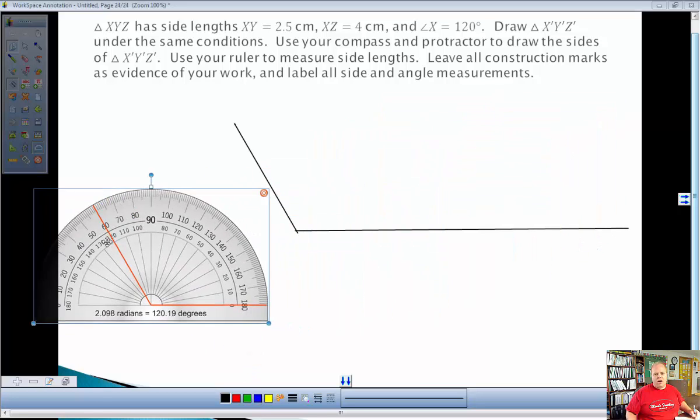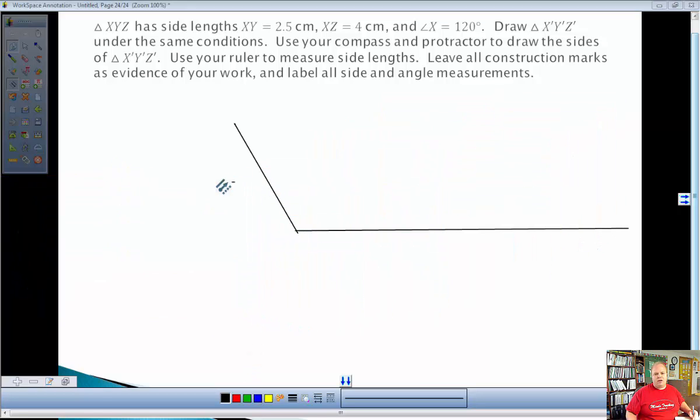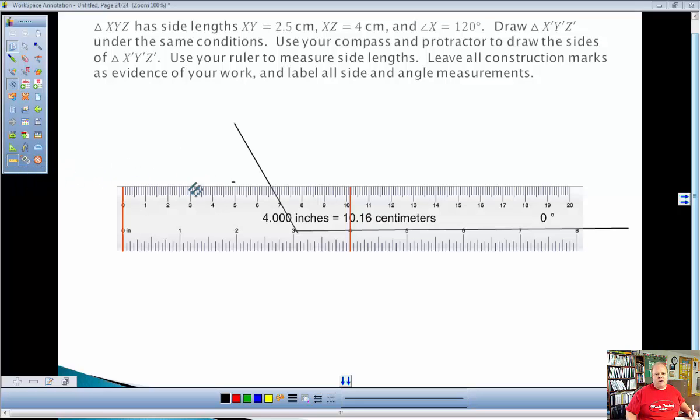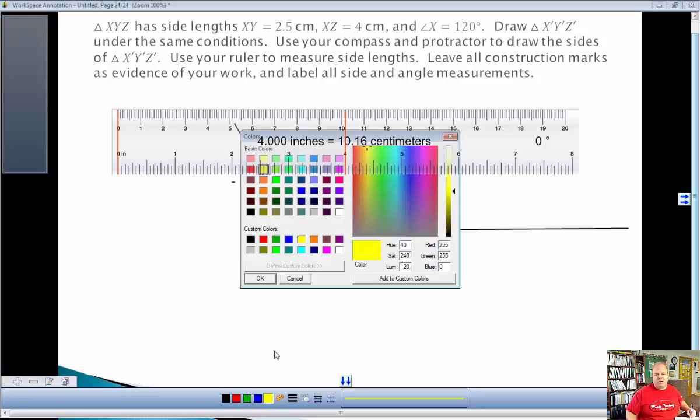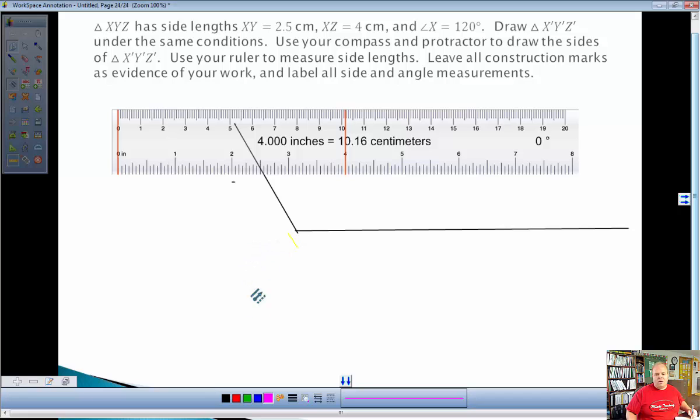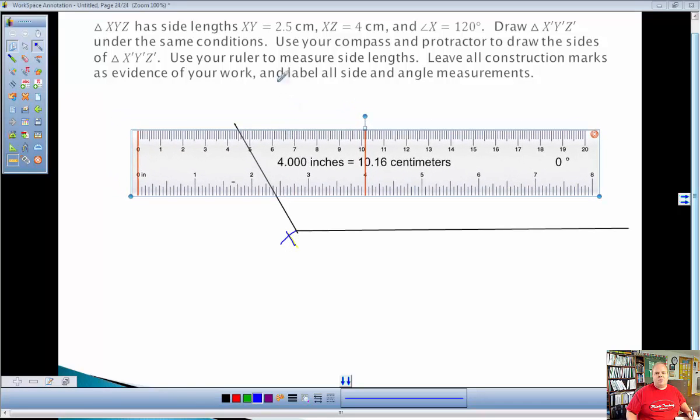So I'm going to get my ruler now and I'm going to do some measurements. Before I get started, I know that this is going to be X. Oh, I don't like that color at all. Let's get another color that we can see. We'll go with pink. So I know that this point right here is X. So X, Y, and because this is not as long, that's how I'm going to do it.